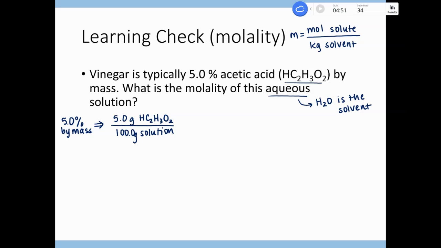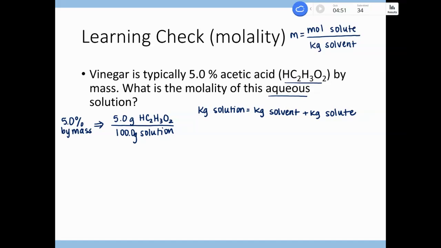So we'll use this equation here that mass, or I'll write kilograms, of the solution equals the sum of the kilograms of the solvent plus kilograms of the solute. So that will give us total mass of solution.